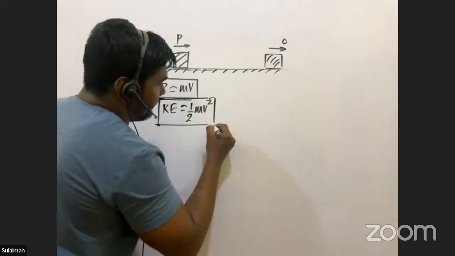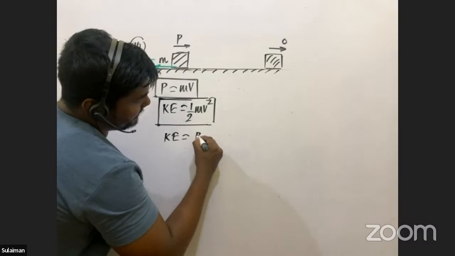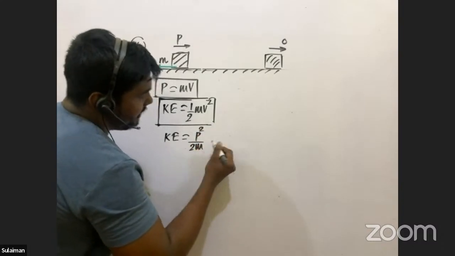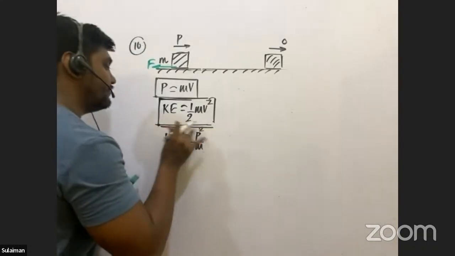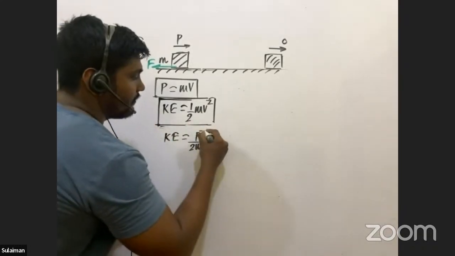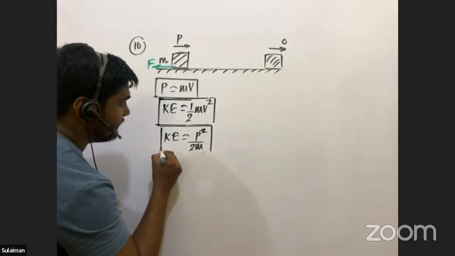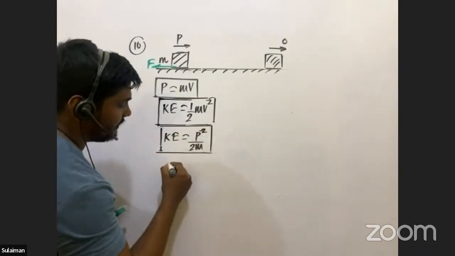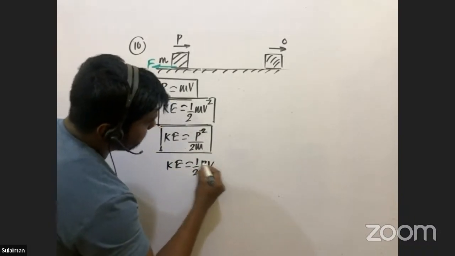There are two more equations. Kinetic energy equals P squared over 2m, where capital P means momentum. Another equation, in terms of momentum and velocity: kinetic energy equals half PV.